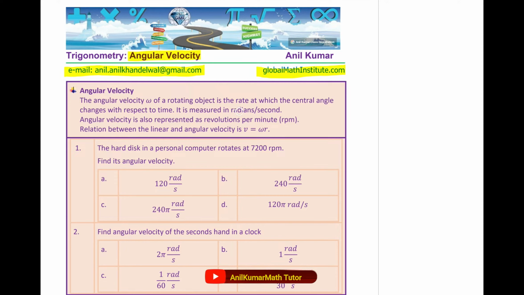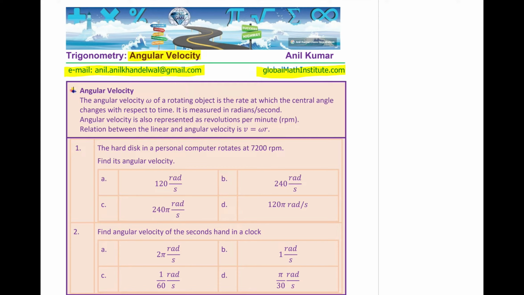It is measured in radians per second. Angular velocity is also represented by revolutions per minute, RPM. The relation between the linear and the angular velocity is V equals omega r. So these are very important things to remember.